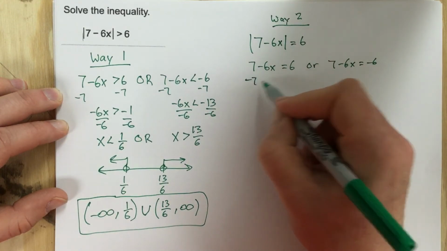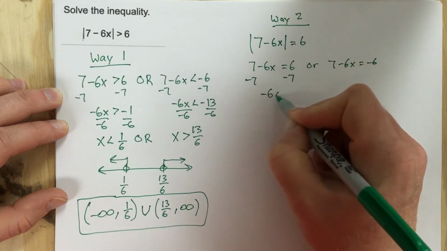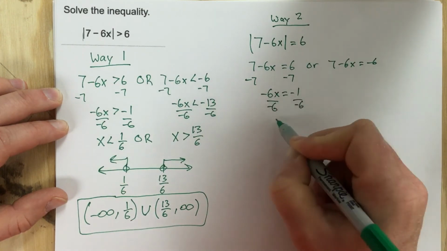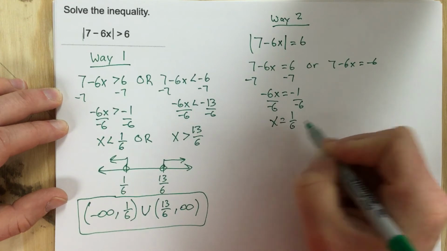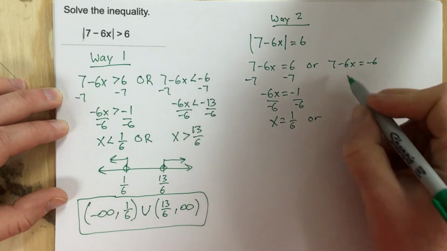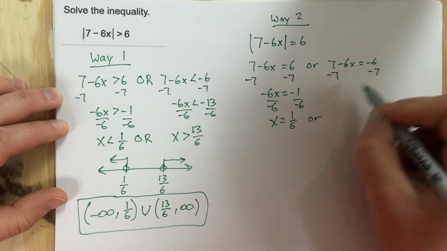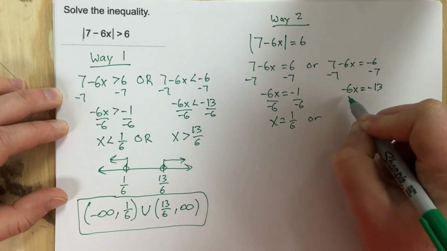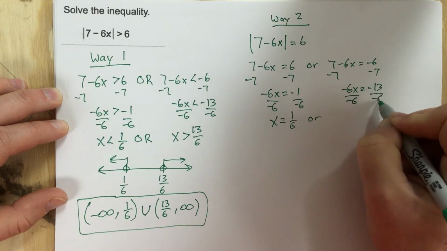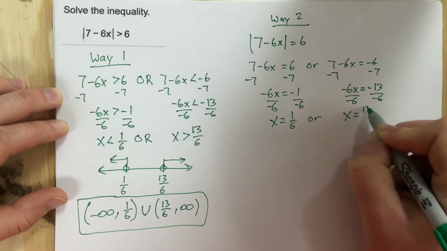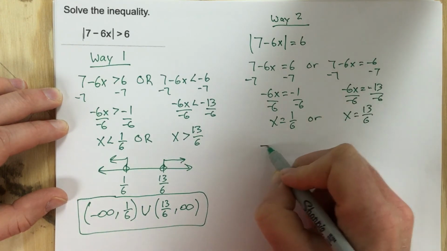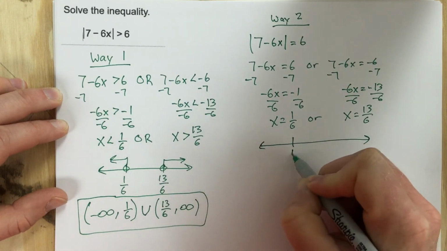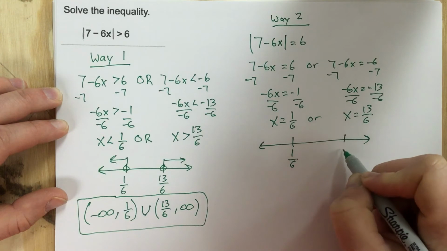We subtract the 7, we get negative 6x equal negative 1, divide by negative 6, and we get x equals 1/6. Or, subtract the 7, we get negative 6x equal negative 13, divide by negative 6, and x equal 13 over 6. Then we draw the number line just like we did right here, and we write 1/6 and 13 over 6.